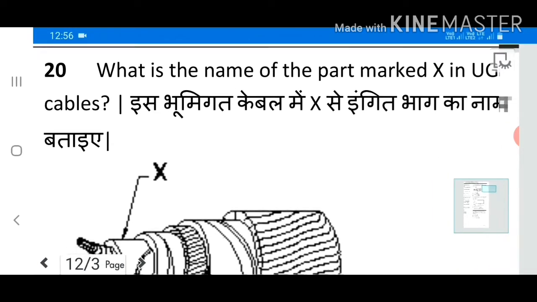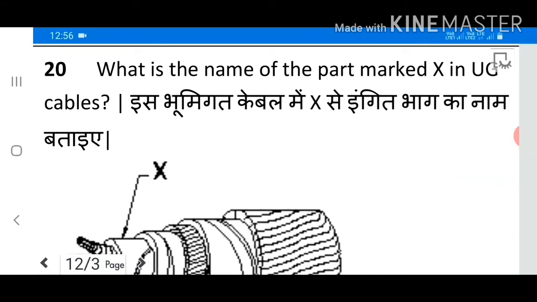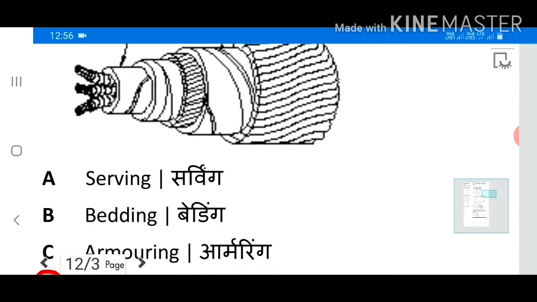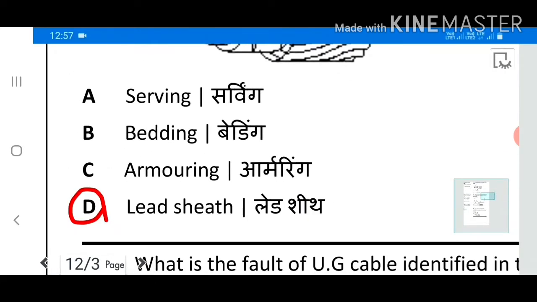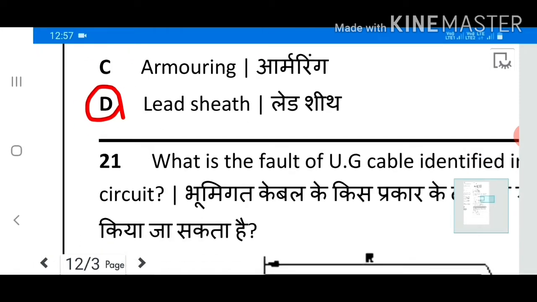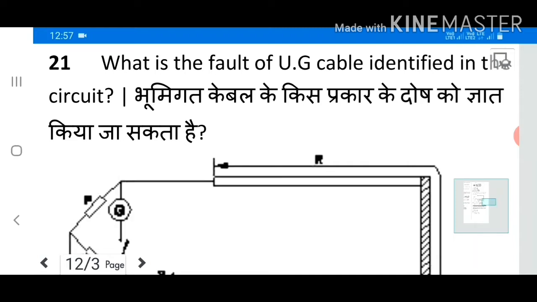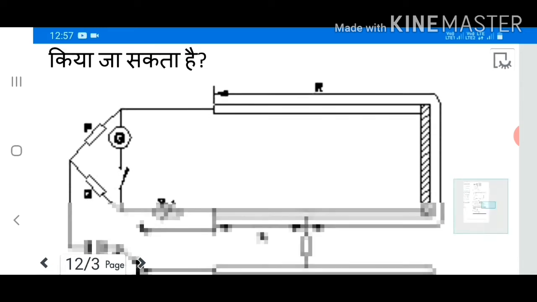20. What is the name of the part marked X in UZ cable? Answer lead sheath. 21. What is the fault of underground cable identified in the circuit?